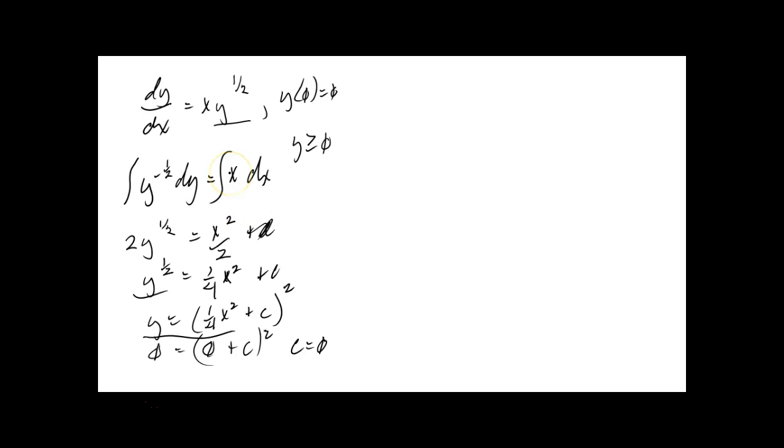A little bit of what they've done is this: if c is equal to 0, then this would be 1/4 x squared, and that would be 1/16 x to the 4th.